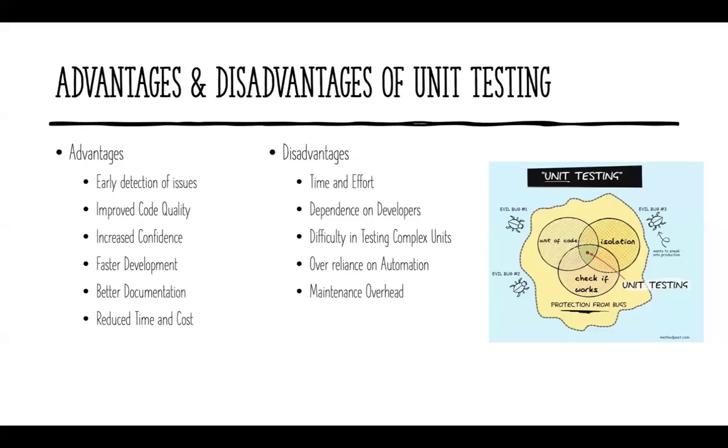Another disadvantage of unit testing is that it can lead to difficulty in testing complex units. Unit testing can be challenging when dealing with complex units, as it can be difficult to isolate and test individual units in isolation from the rest of the system. When the project becomes more complex, there are two aspects to this.